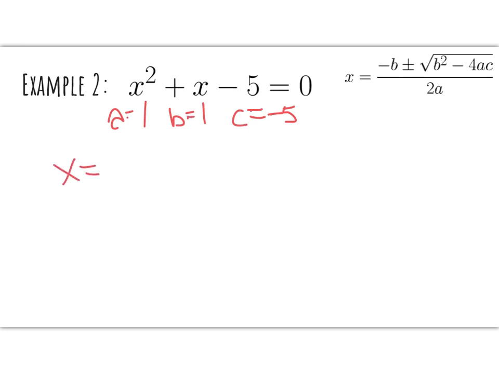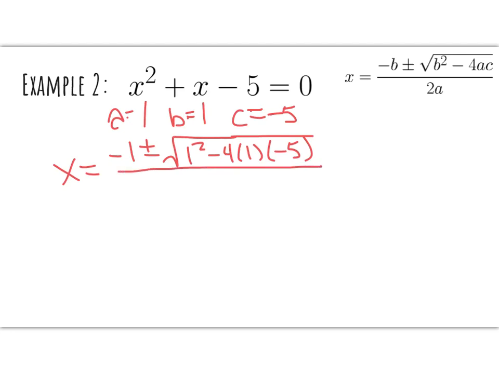We know that x is negative b, so that'll be negative 1, plus or minus the square root of b squared minus 4 times a, which is 1, times c, which is negative 5. And we'll put this all over 2 times 1.